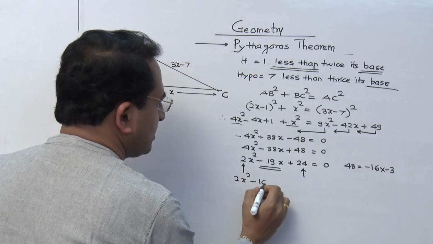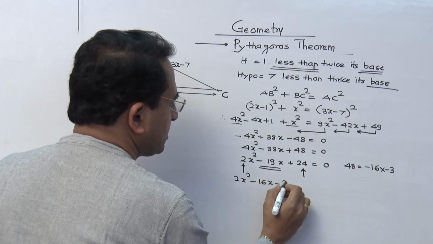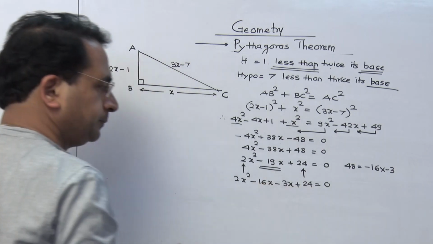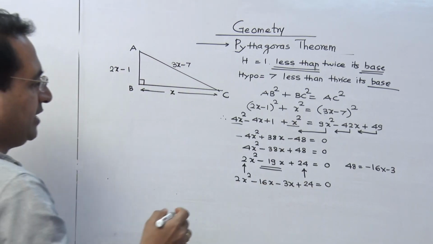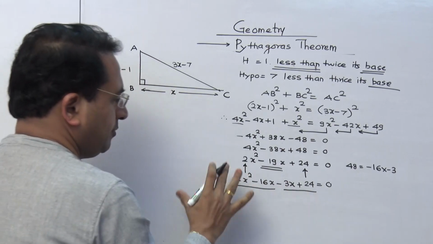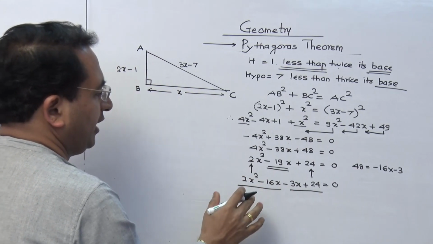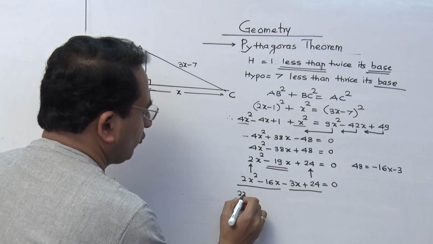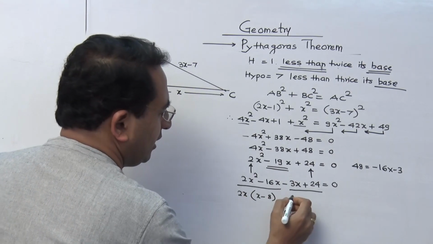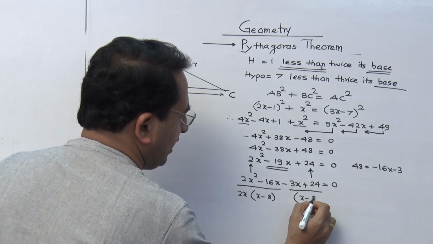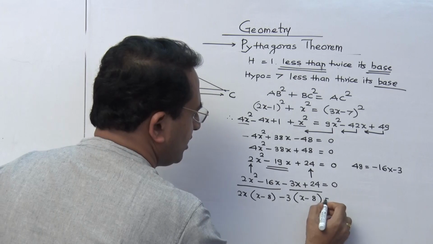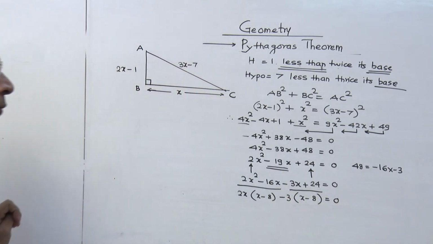It is 2x square minus 16x minus 3x plus 24 is equal to 0. We can underline this, first two and last two. Same thing we have discussed in quadratic equation. I have to take 2x common, into bracket x minus 8. Then I have to write this bracket once again, x minus 8. Then I should write minus 3 here. That is equal to 0.